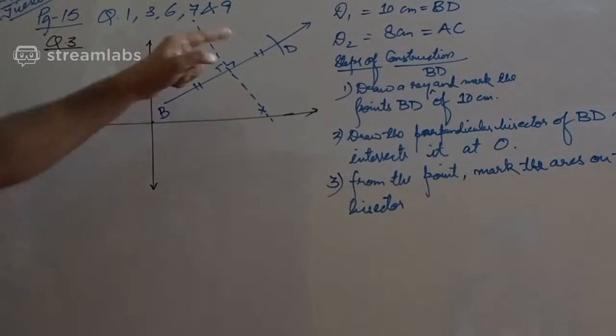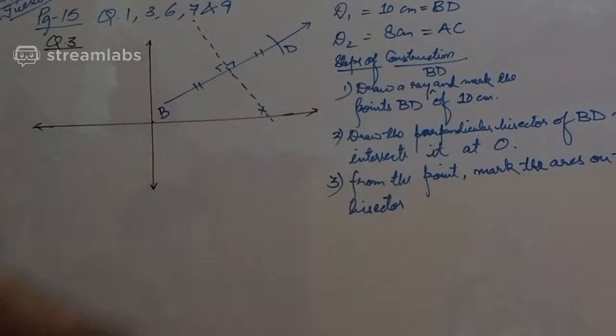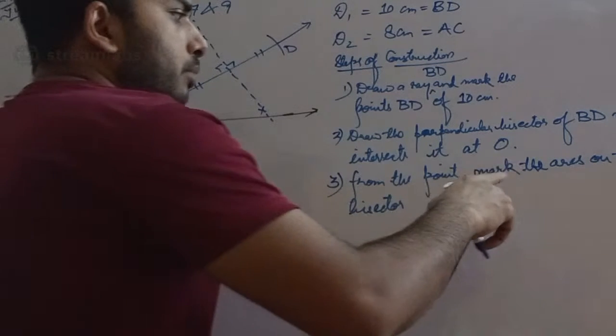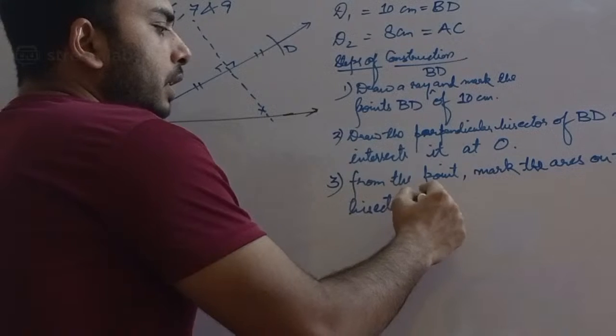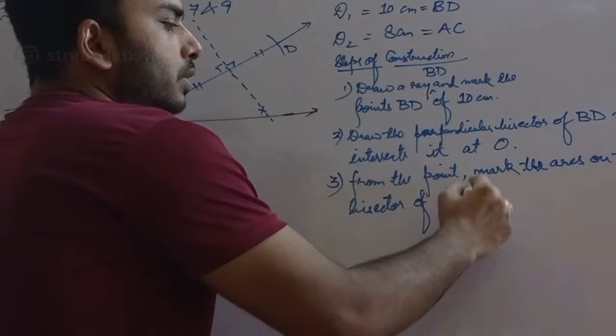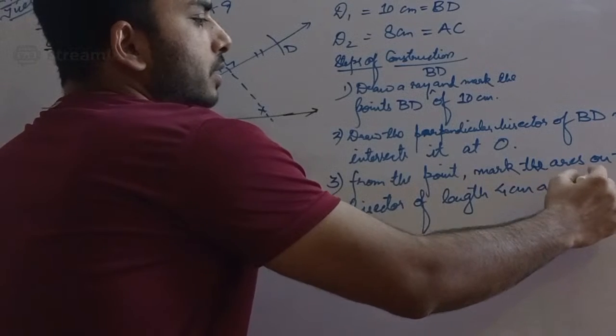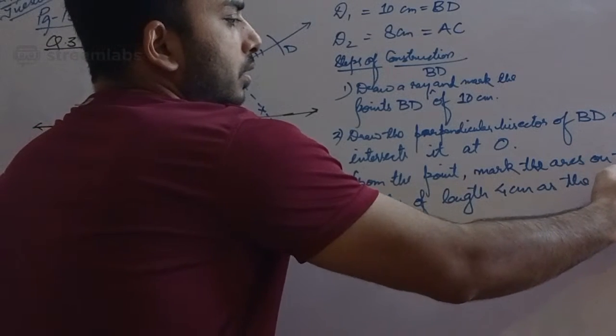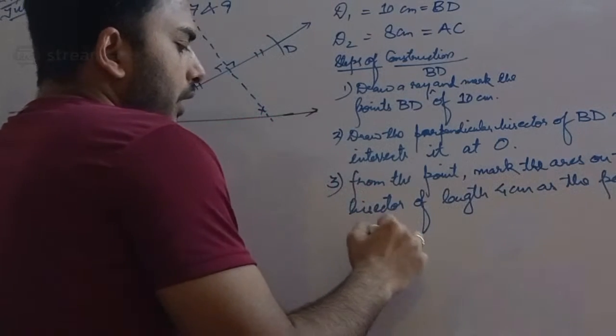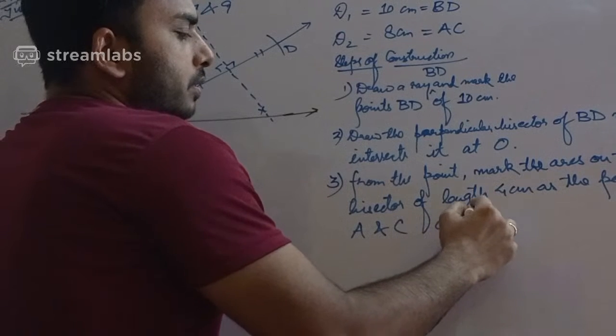But always 4 centimeter should be on this side and 4 centimeter on this side, because we know that the diagonals of a rhombus bisect each other. So from the point O, mark the arcs on the perpendicular bisector of length 4 centimeter as the points A and C on the opposite sides.